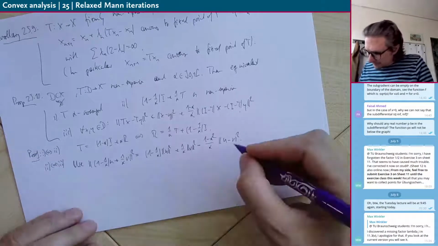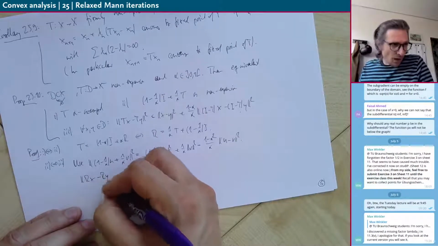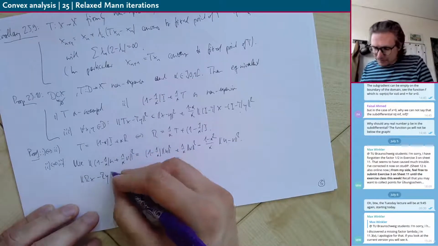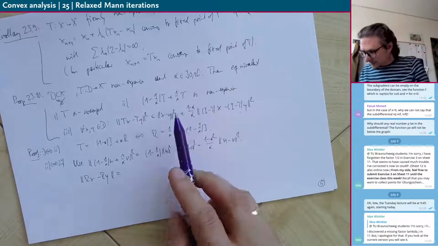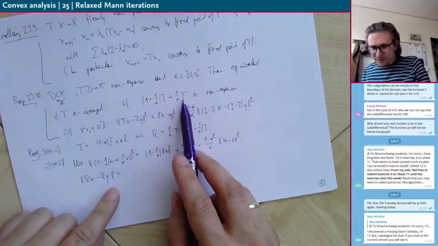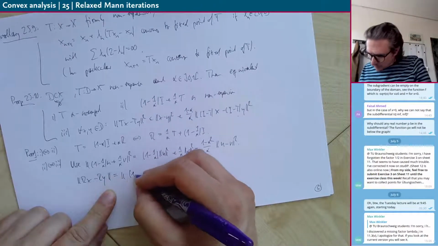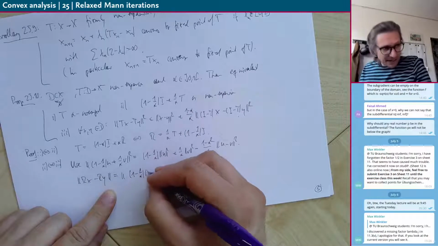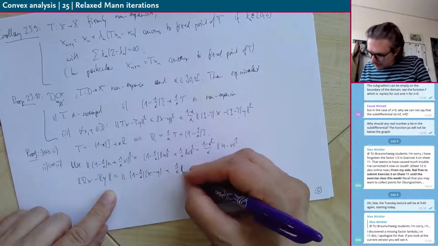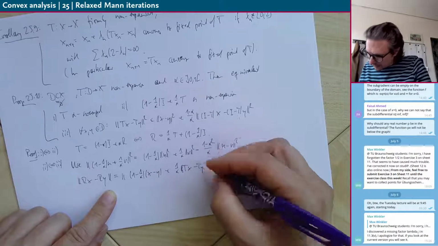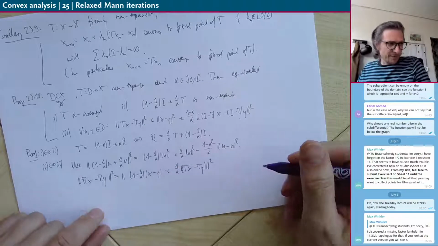Okay, and with this we can write Rx minus Ry as, and now just plug it in. This R here is this guy, so we plug everything in and we get (1 minus 1 over alpha)(x minus y) plus (1 over alpha)(tx minus ty), and we take squared norms, yes, of course, squared norms.